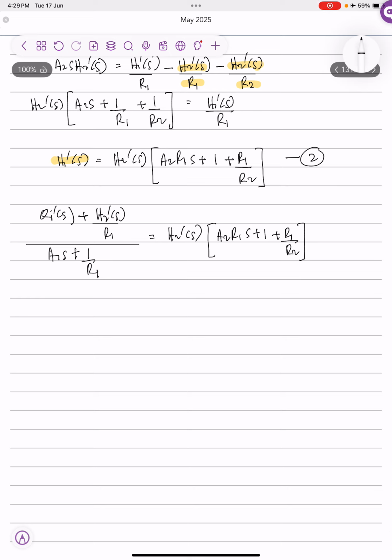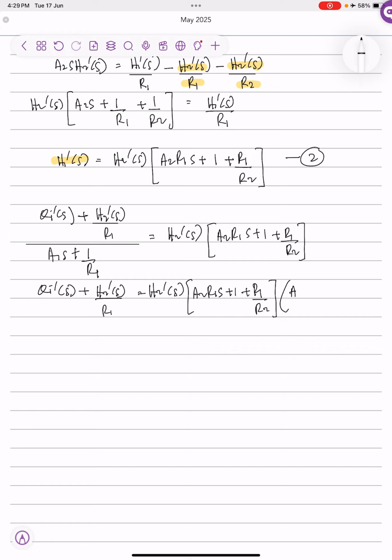First, what I want to do is to multiply the right hand side with the denominator of the left hand side, so that the left hand side will be just this, and the right hand side will be multiplied with the denominator. So we have (A2 R1 s plus 1 plus R1/R2) multiplied with the denominator of the left hand side.